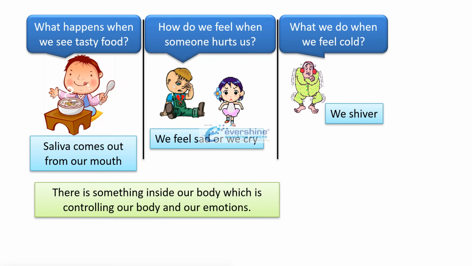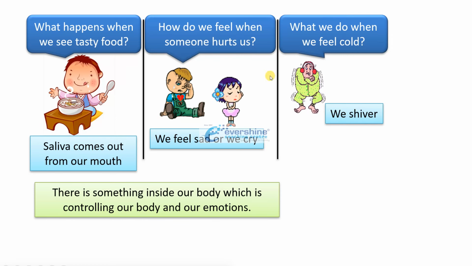Now, have you ever imagined why we feel all these things? Always we are not happy, always we are not sad, always we are not feeling the heat, always we are not feeling the cold. So as per the different situations, we are acting in different ways. Now the question starts. See, this is a brilliant question. Someone is there in our body who is controlling all these emotions and feelings.